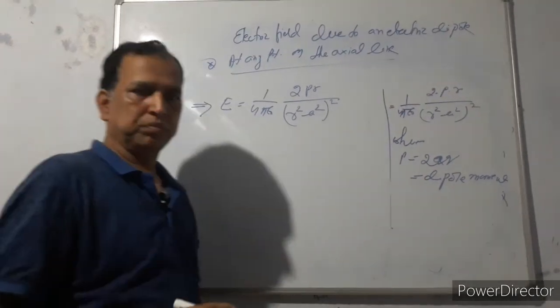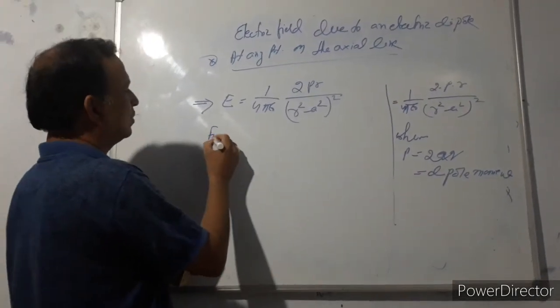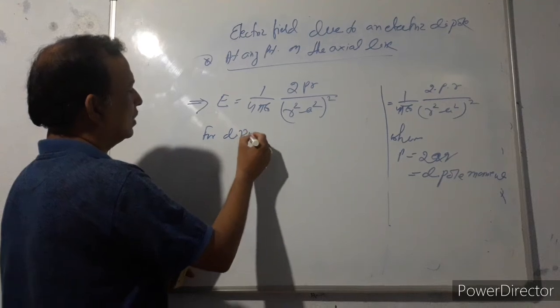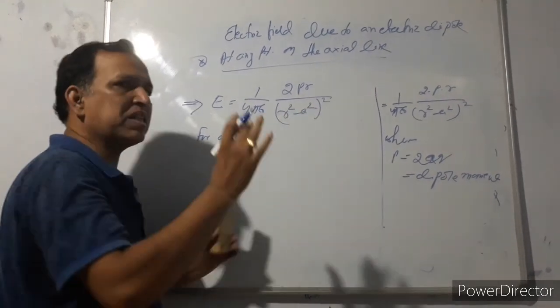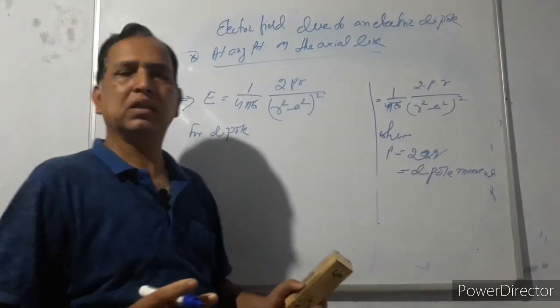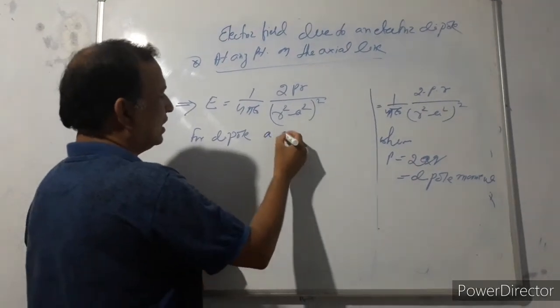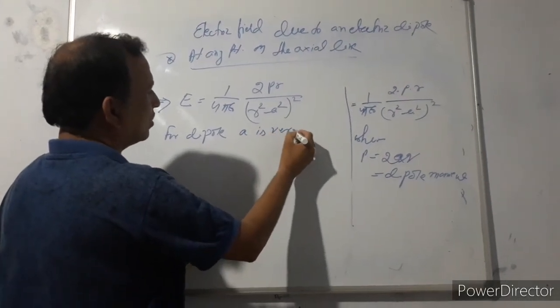For a dipole, a is very small as compared to r.